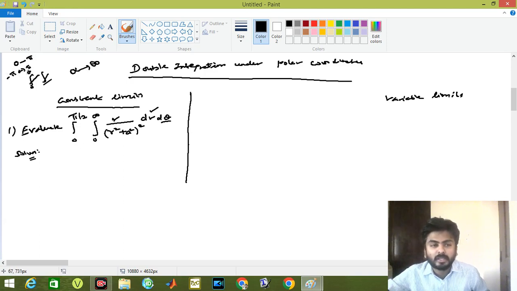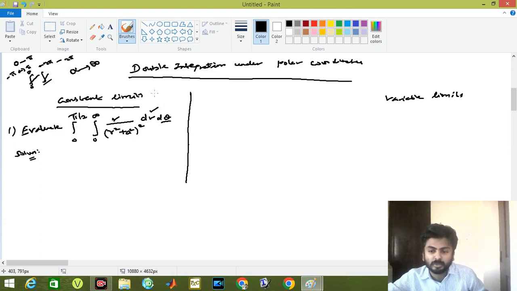Okay, or minus 2 pi to plus 2 pi anything can be there. So you have to know what is pi. Pi means 180, pi by 2 means 90, 2 pi means 360. So you have to be aware that for the limits when we are considering theta, something in terms of pi, in terms of angle should be there.